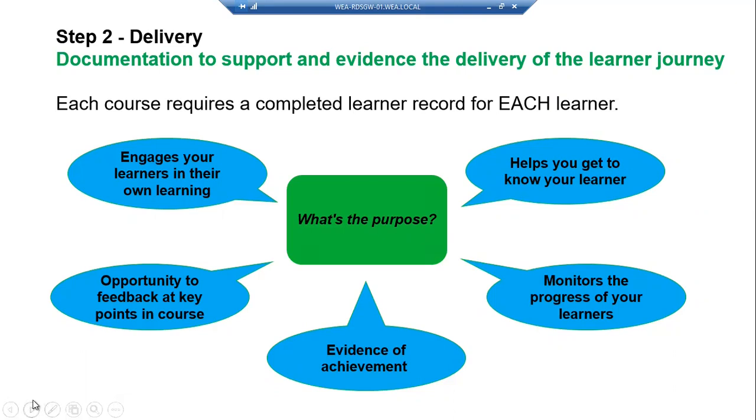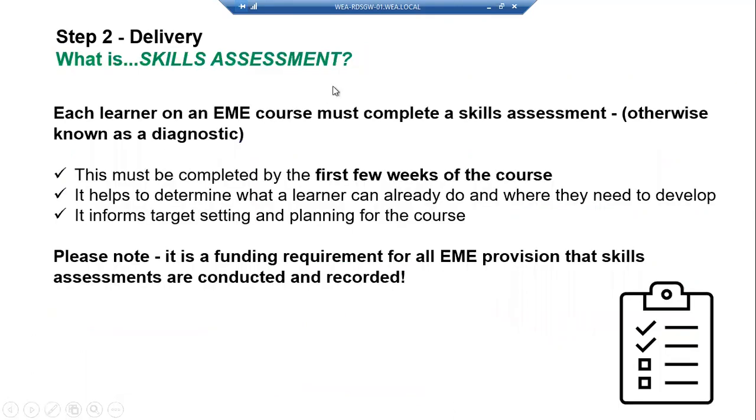Okay, I will move on to the next slide. Skills assessment. Obviously, it has to be done early in the course, the first few weeks of the course. As I was saying before, if you think you might be changing those learning aims as well, that is going to be key. You need to do that assessment or diagnostic. It helps to determine what the learner can do and where they need to develop.